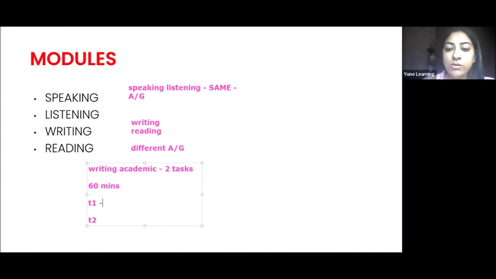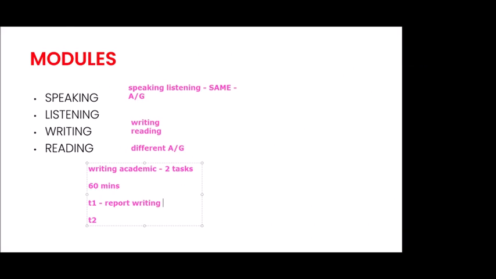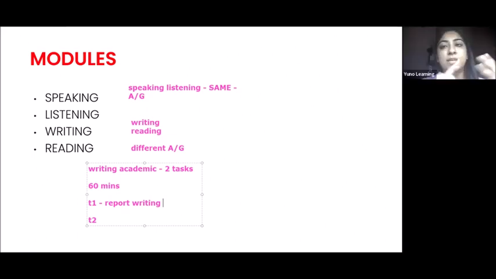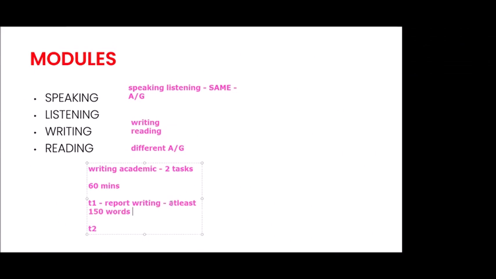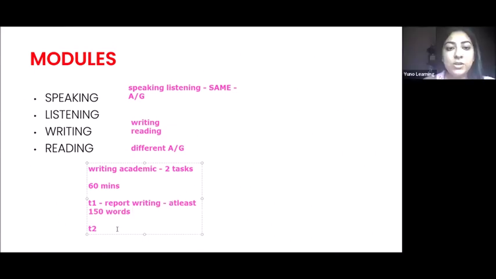Task 1 is report writing, for academic students. What is report writing? I'll quickly give you a brief. You get a visual input. This visual input can be in the form of a line graph, a bar graph, a pie chart, a table, or a process. Whatever visual input you have, you need to summarize the information in at least 150 words.